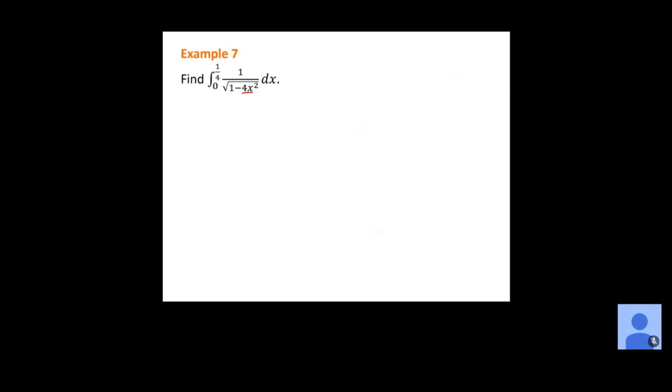So what we're going to have to do is a u substitution like we normally would, okay? And we're going to let u in this case, I'm actually going to start with u squared since I know I want to replace that 4x squared with u squared. Okay, so I'm going to say that u squared is equal to 4x squared so that then I can rewrite this integral as 1 over the square root of 1 minus u squared.